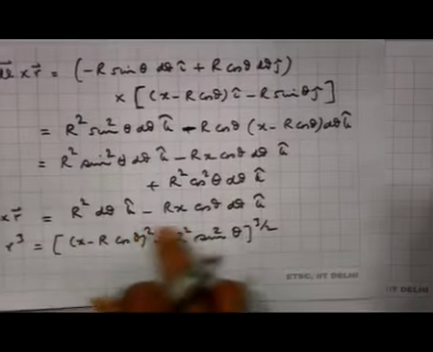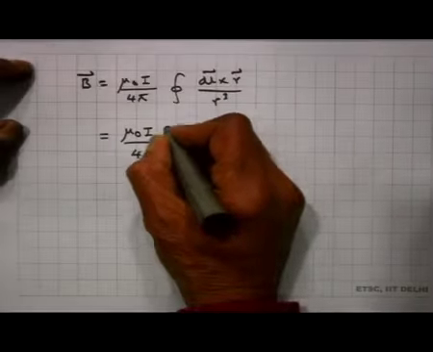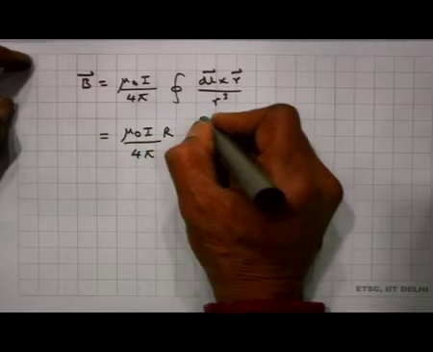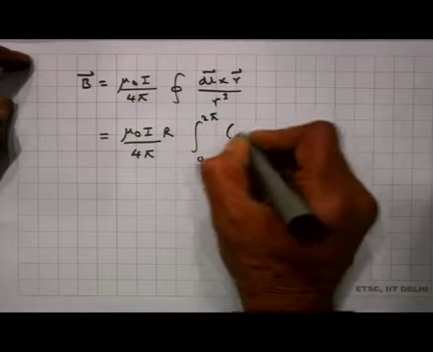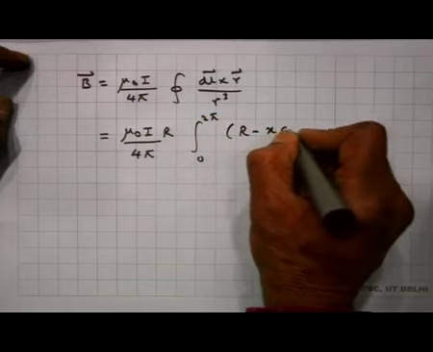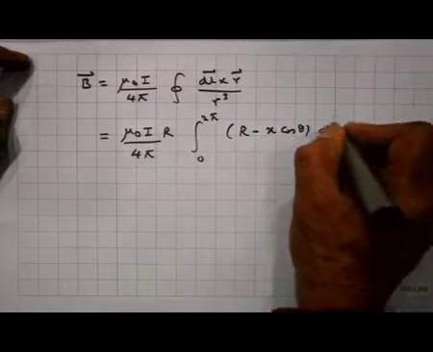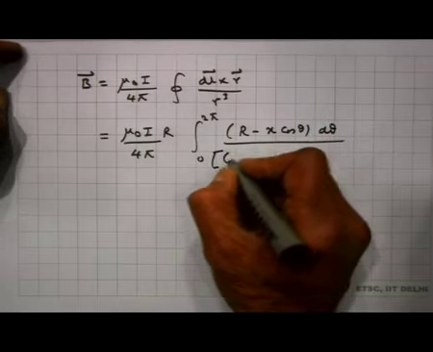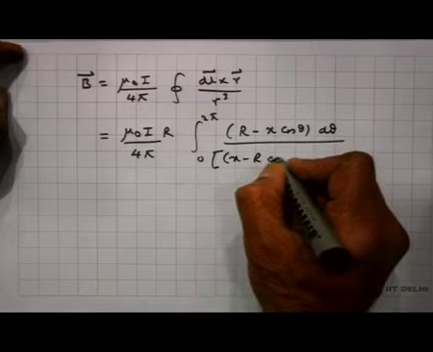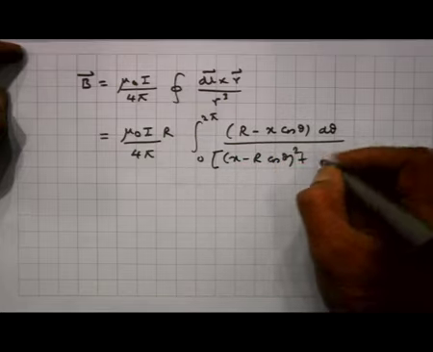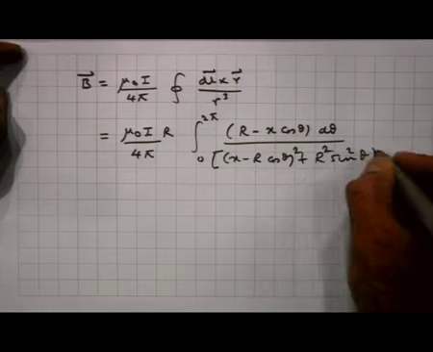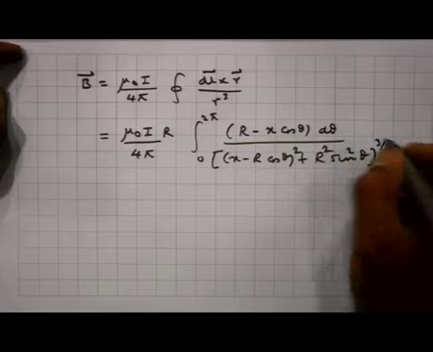Now, in dl cross r, I can take out one r common. So, I get r times the integral from 0 to 2 pi of (r minus x cos theta) d theta, divided by ((x minus r cos theta) whole square plus r square sin square theta) raised to power 3 by 2, and there is a k cap.